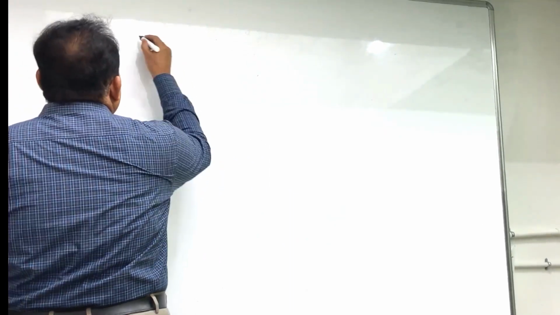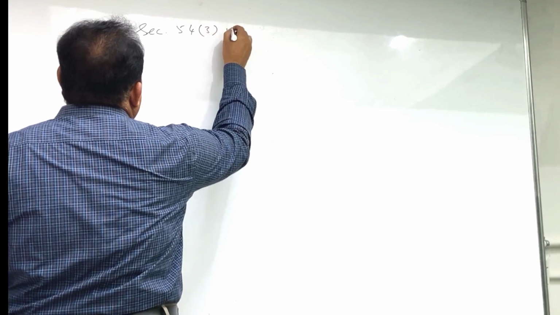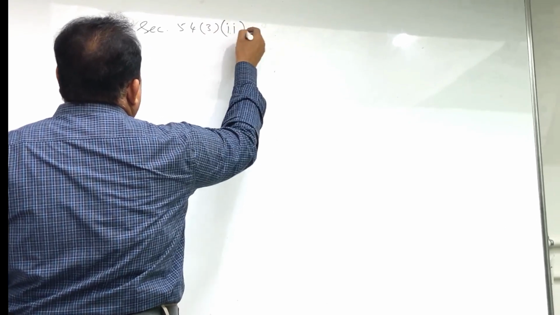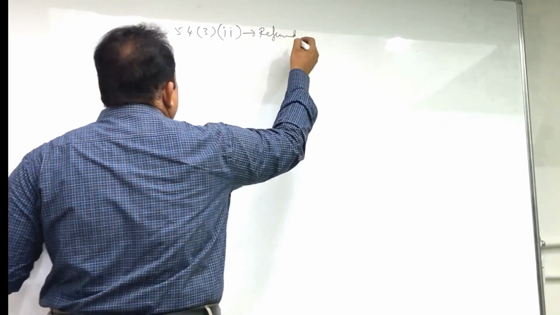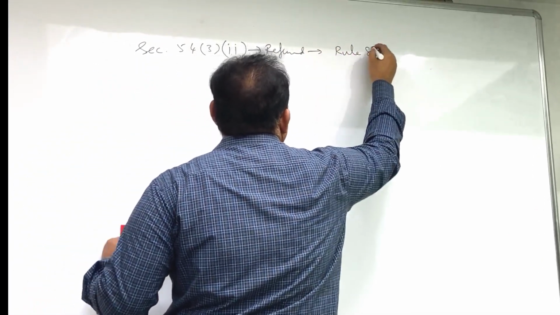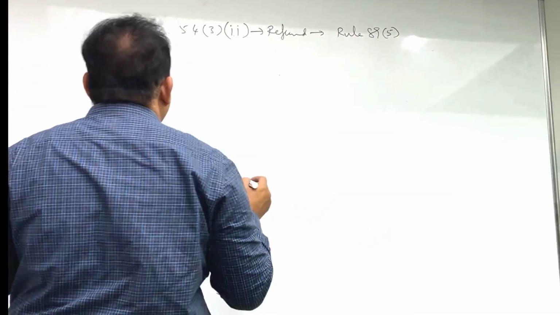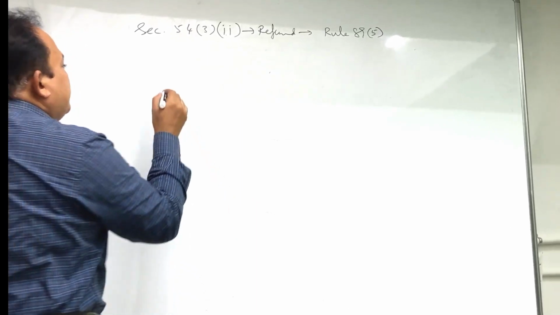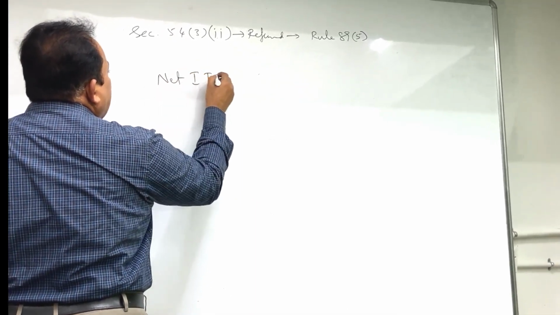So I am presenting here the formula. Section 54(3)(ii) says refund of inverted tax can be claimed based on the formula under Rule 89(5) of the CGST Rules. First, take the net input tax credit.